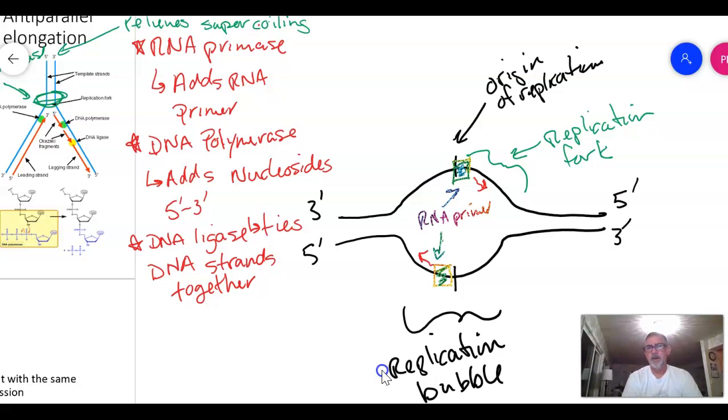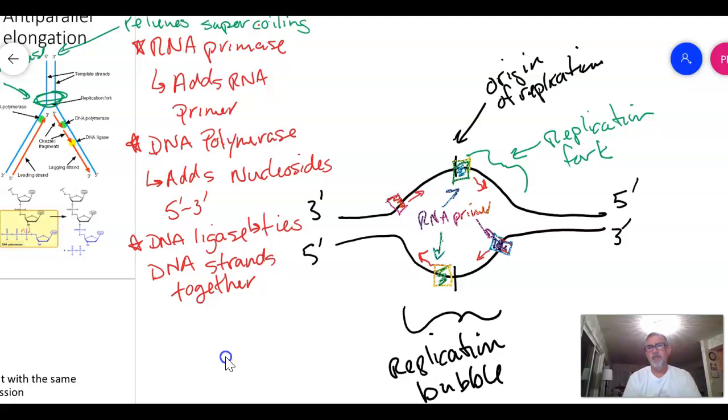It's always read 3 to 5, and I'm going to apply it 5 to 3, so it's always heading toward a replication fork. Now, I will add another RNA primer right here. So another RNA primer will be there, and another RNA primer will be there, and these ones will be heading this way.